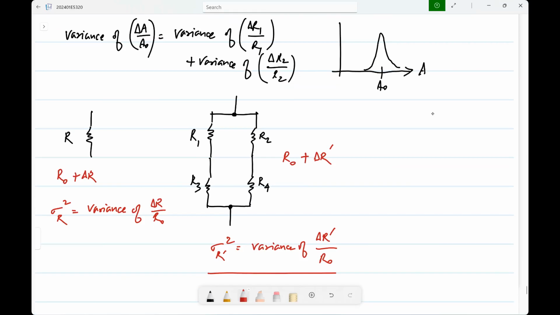We have four resistors, not connected. So this sigma r square is variance delta r by r. Sigma r prime is relative error.